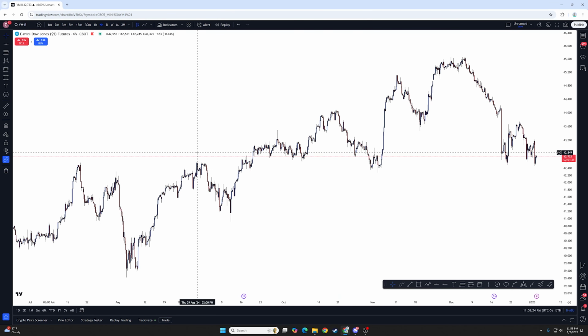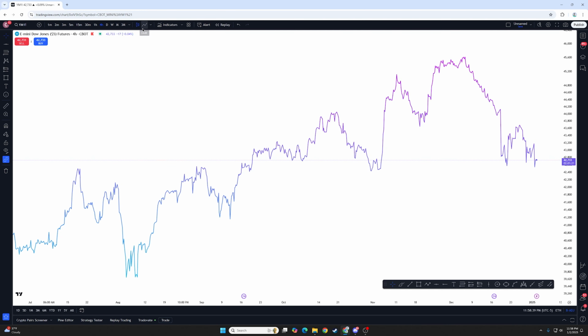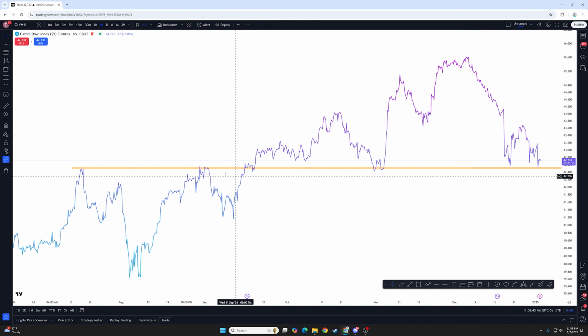I zoom out and I'm only charting what's relevant to price, like where can price potentially go from where it's at? So I'm gonna go between the candlestick and the line chart. Right here, this is a key level because we used this as some resistance here, some resistance around here.